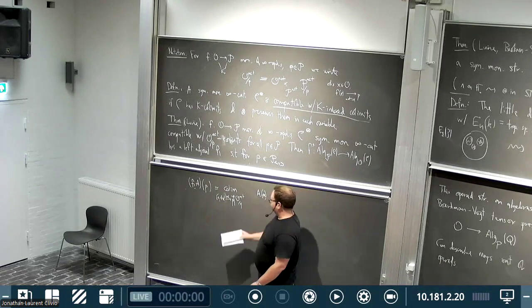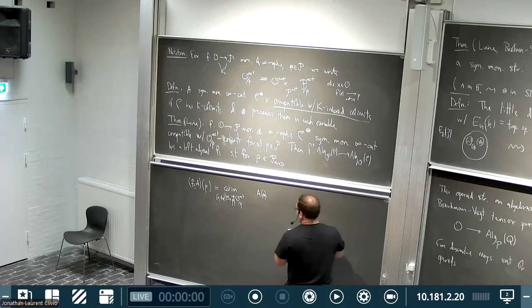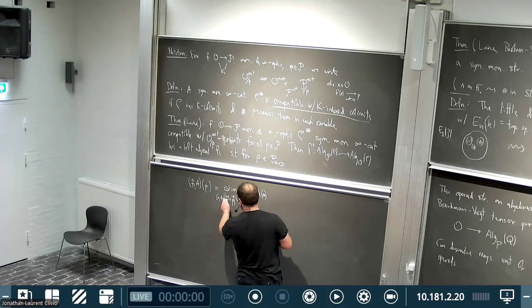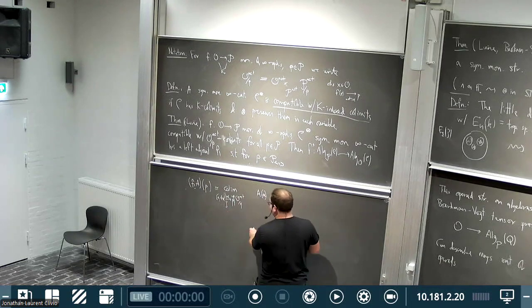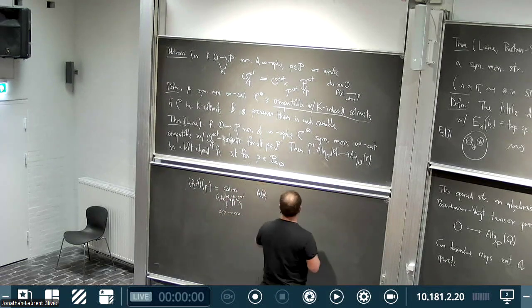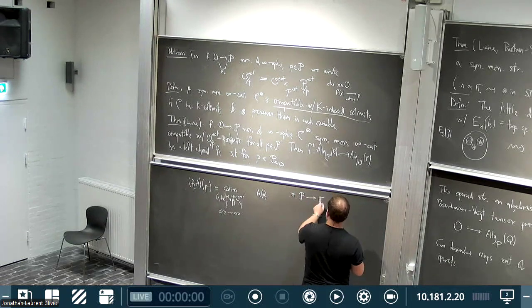So this lives in some fiber of C tensor. This alpha is an active map, and it maps to some active map, which I might try to denote by pi, a projection from O to F star.